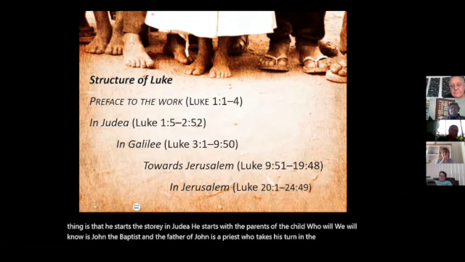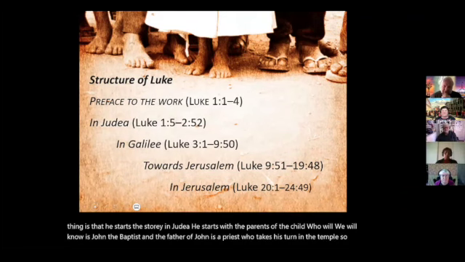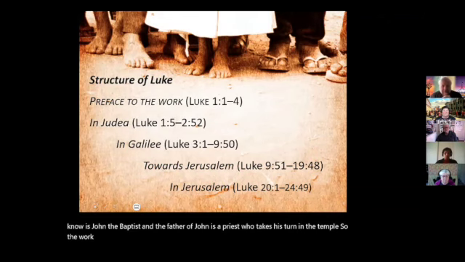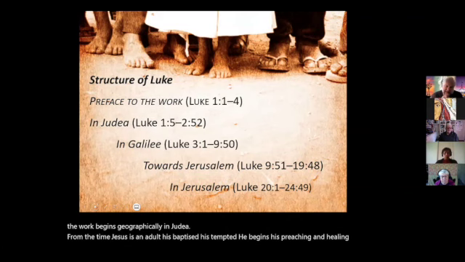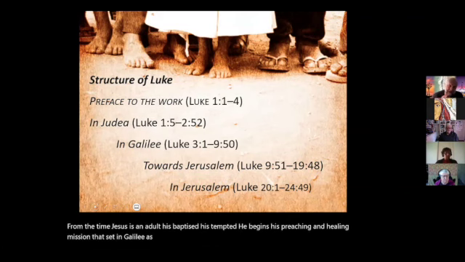So the work begins geographically in Judea. From the time Jesus is an adult, he's baptized, he's tempted, he begins his preaching and healing mission. That's set in Galilee, as it was in Mark and also in Matthew. So chapter 3 to chapter 9 of Luke's Gospel is a familiar collection of basically triple tradition material set in Galilee.